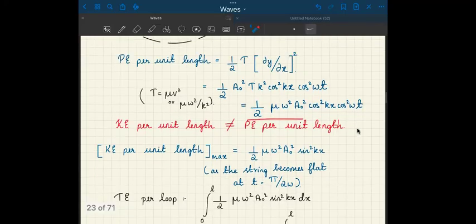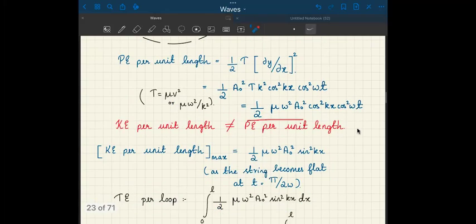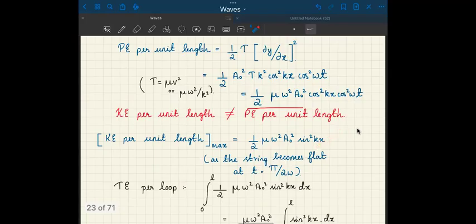Now, max I want. Kinetic energy per unit length max. Max is possible when sin square omega t is 1. So therefore, that becomes half mu omega square a naught square sin square kx.